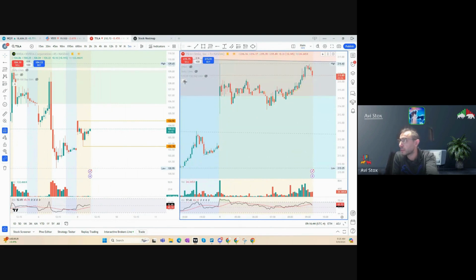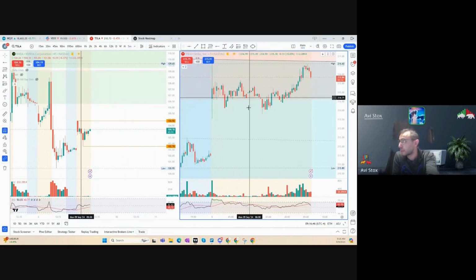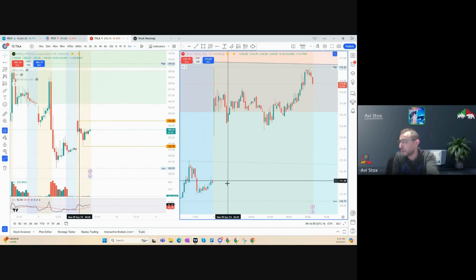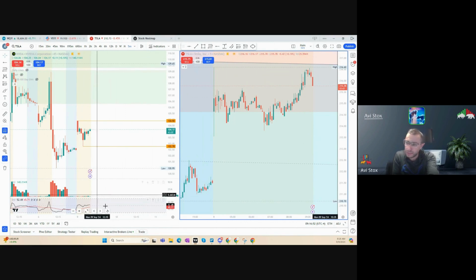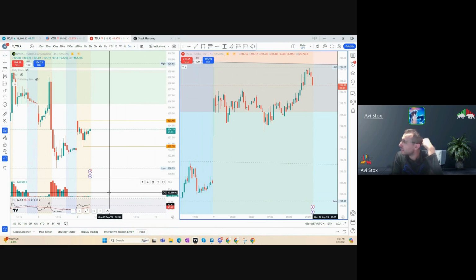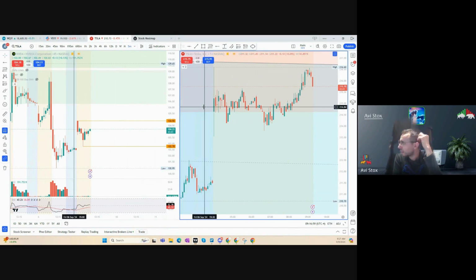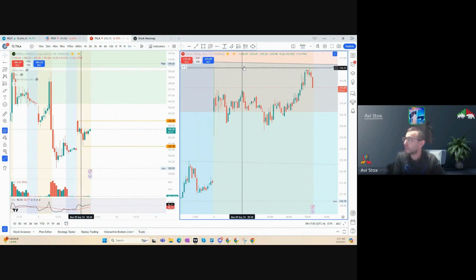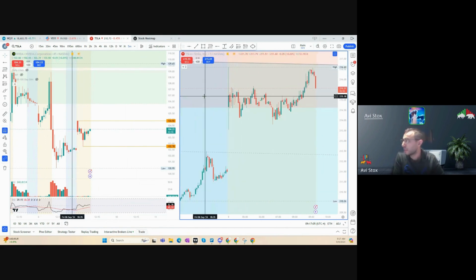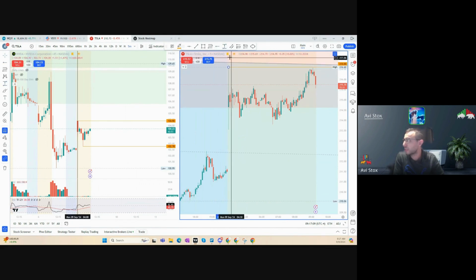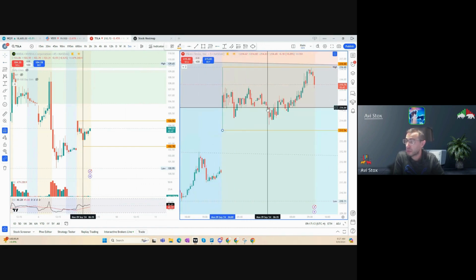Now, what we want to do here, we want to go 5 minutes. As I always say, I never like indicators. However, there are certain indicators that really show great strength.